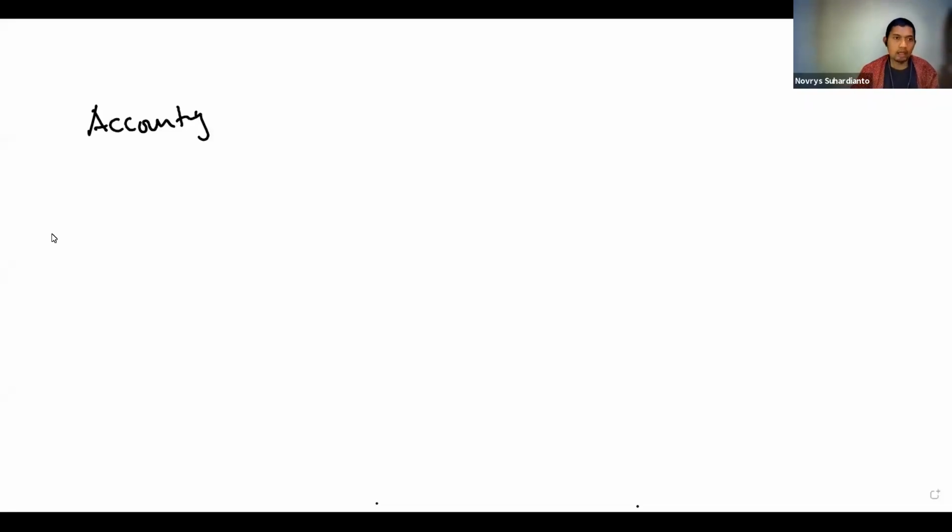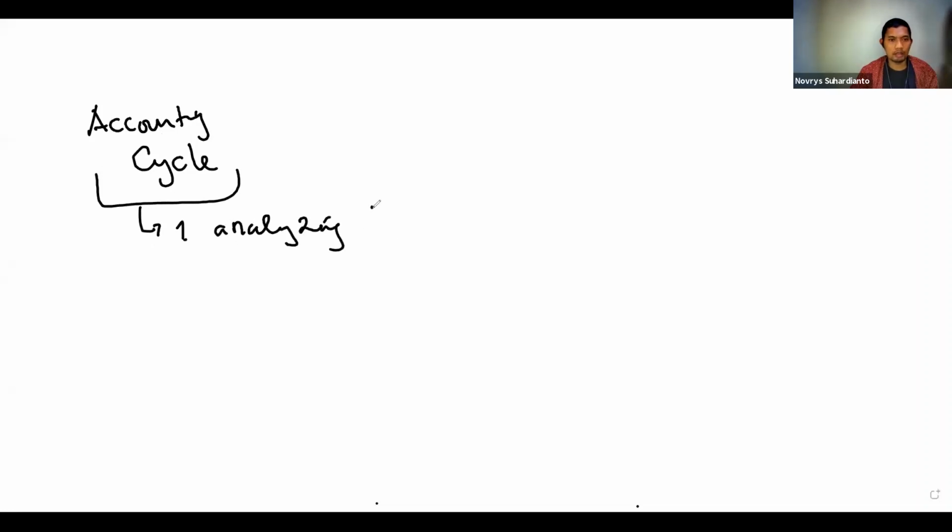Okay, so from last lesson, we already know about the accounting cycle. It starts from analyzing transactions. You know what a transaction is: any event that changes the financial position of the company, right?